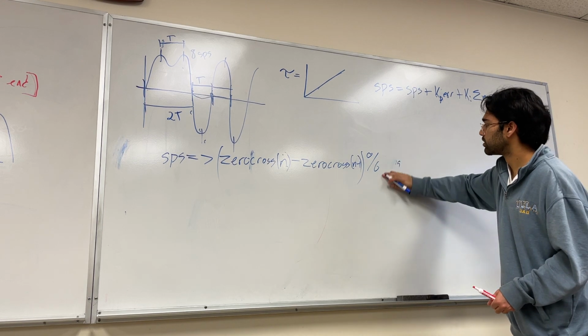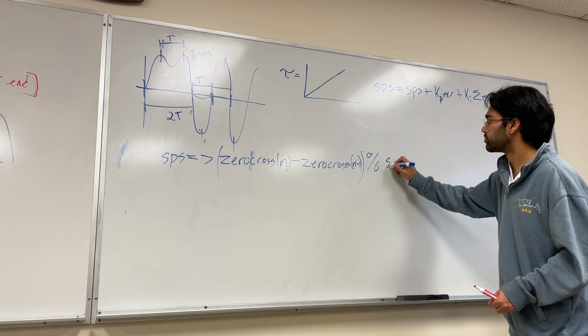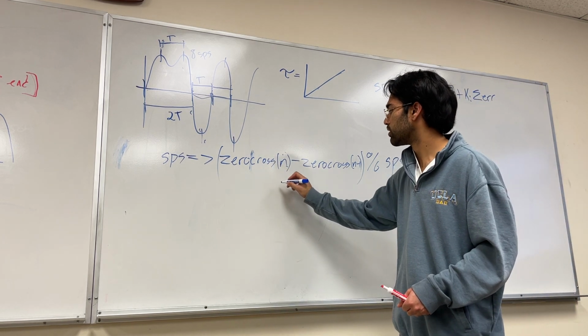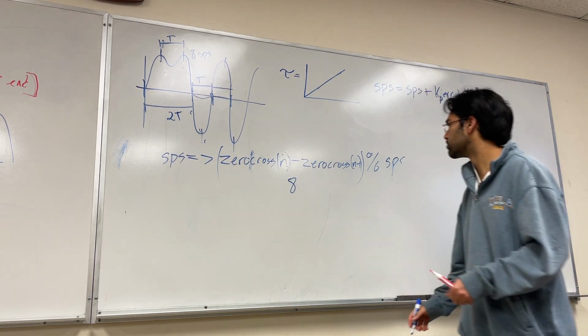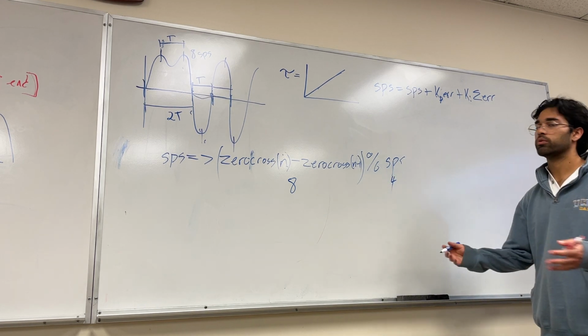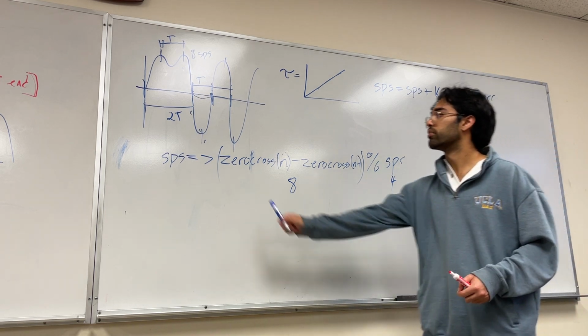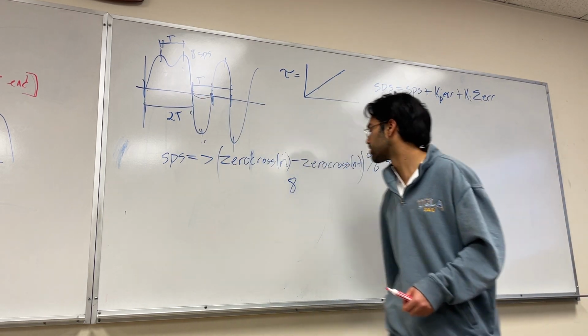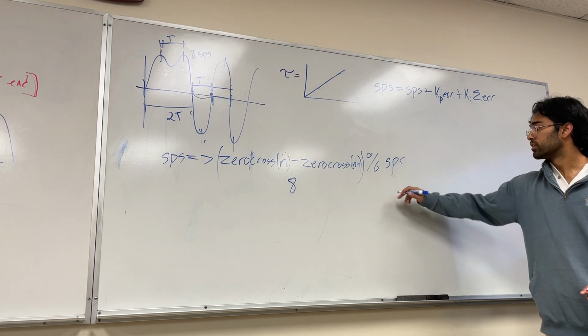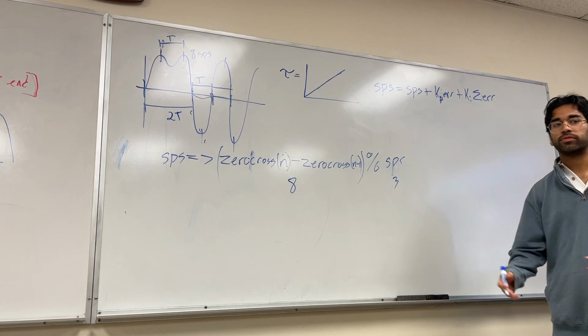If we have 8 samples between these two zero crosses, and our SPS is 4, then we know we're okay. We know two symbols have passed, but the SPS is right. If it's 3, then we know something went wrong.